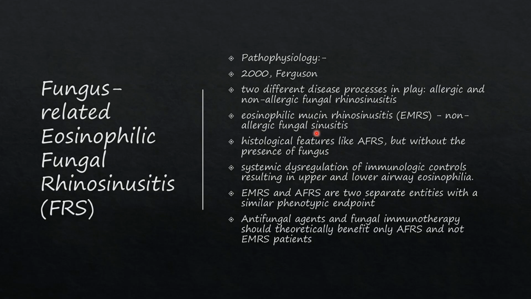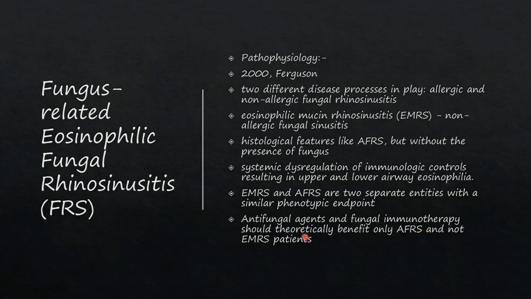So this is one disease that he has classified. Then the other disease that he is saying is AFRS itself, where all of the features of AFRS are present along with fungus. Now systemic, the whole body has the response of immunological controls, and so lower and upper airway eosinophilia occurs. These are two separate diseases, but they end up in the same symptomology, right?